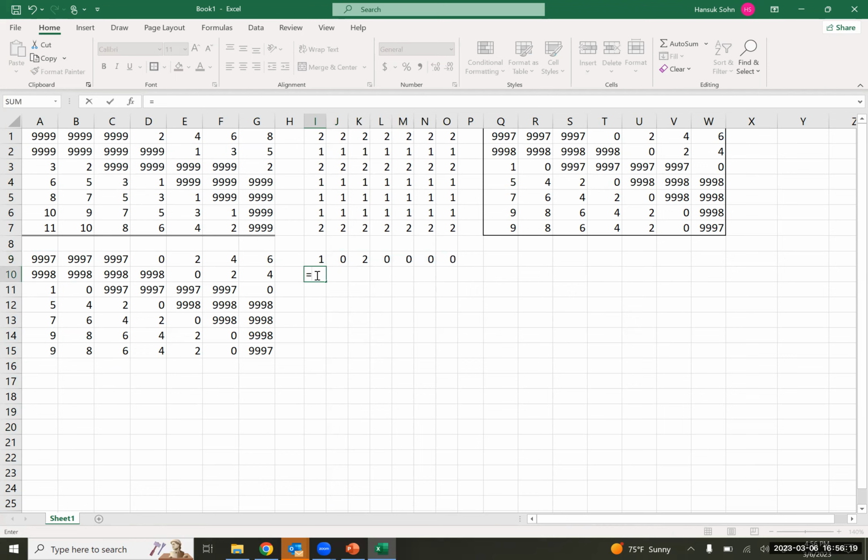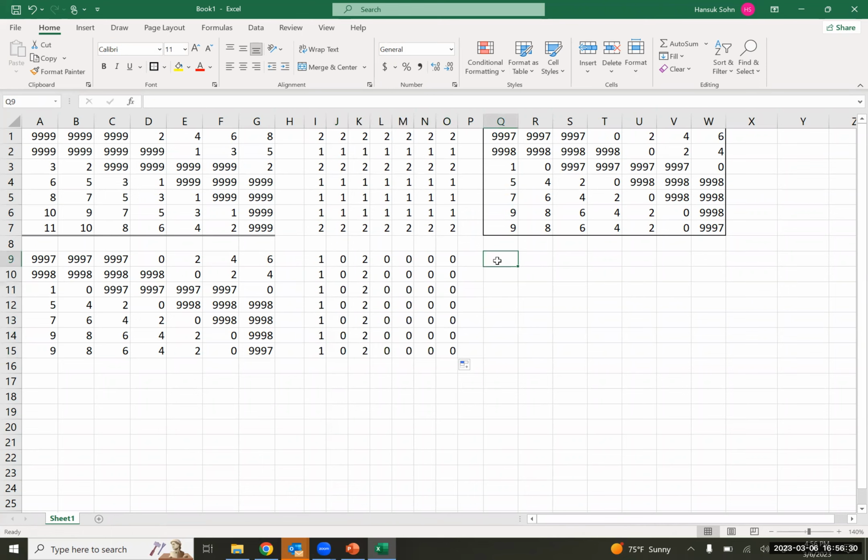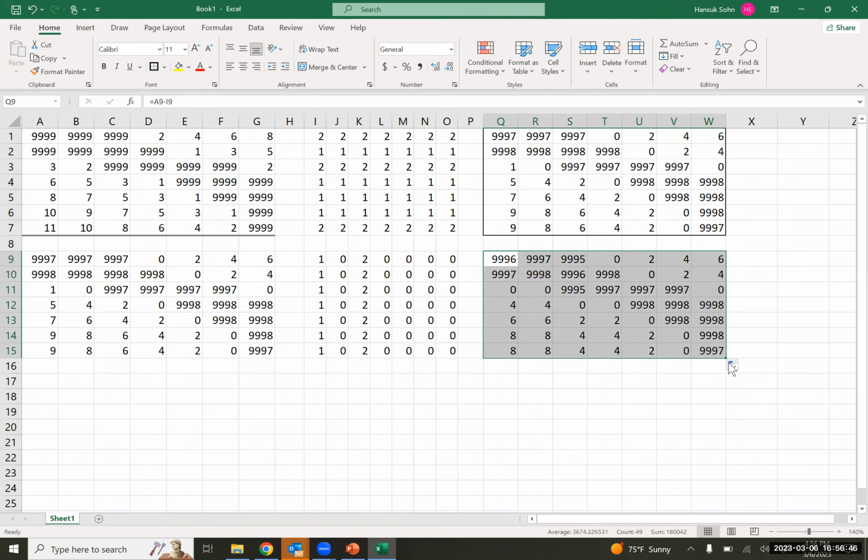And then I'm going to just copy that. Okay, so we can do the computation. It's minus minimum value, right? And then this, right?